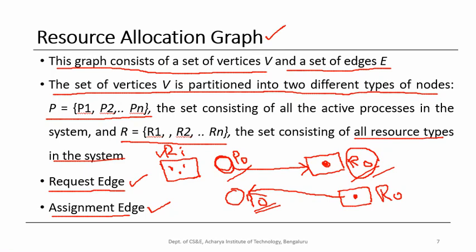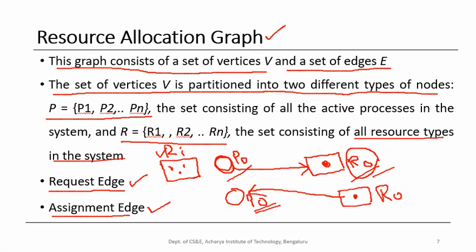Okay, in a nutshell, what is a resource allocation graph? The resource allocation graph will have vertices, which are processes and resources, and these vertices are connected by edges.